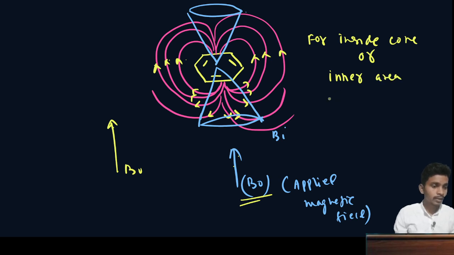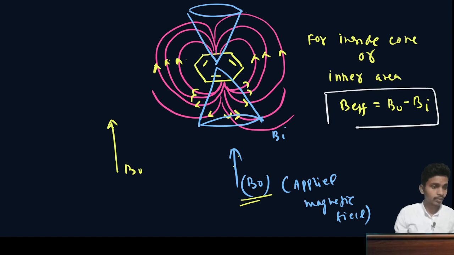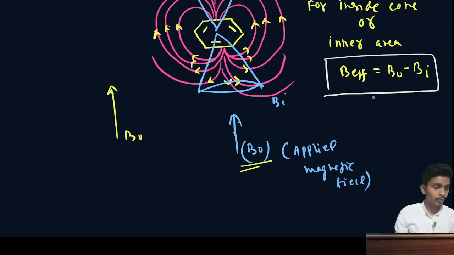We can say here that B effective is B naught, and inside the cone these are in opposite directions, so B naught minus Bi. It means, let's say if you are applying B naught of 5 T, and induced is 2 T, then this is going to be 3 T. It means that B effective decreases. B effective decreases in this case.